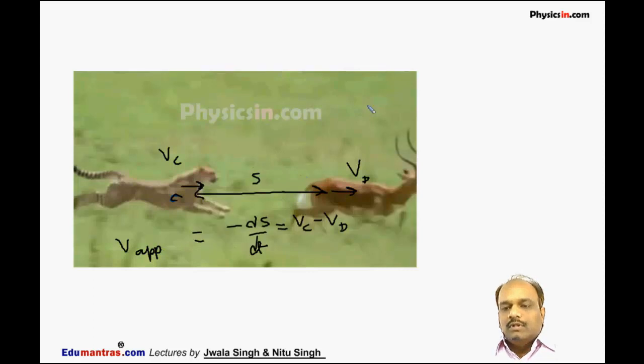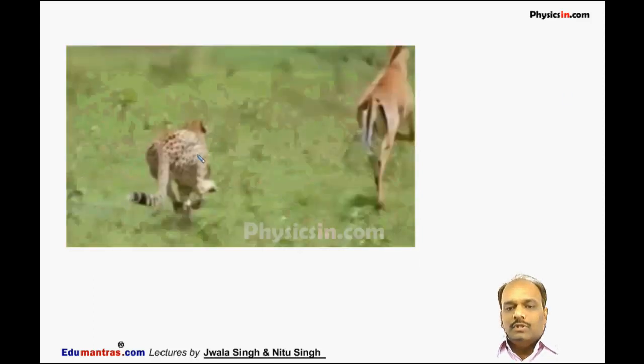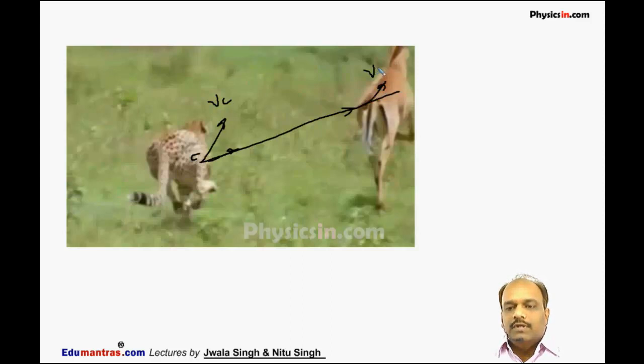Now, after some time, this cheetah is again catching this deer. If this cheetah is running in this direction with Vc, and the deer is running in this direction with Vd, at an angle beta, let this angle be alpha. The separation between these two is S, and this S is decreasing.